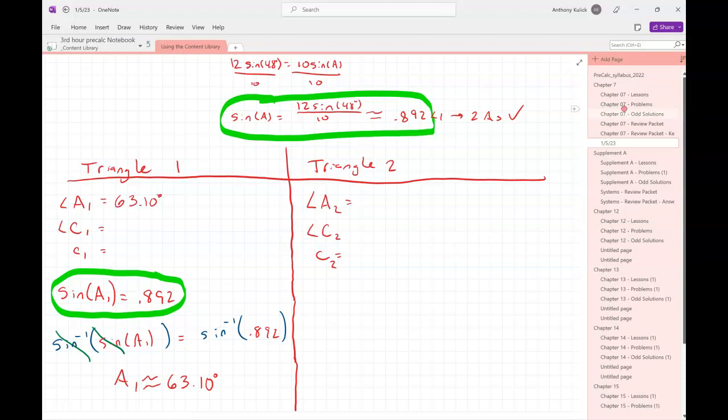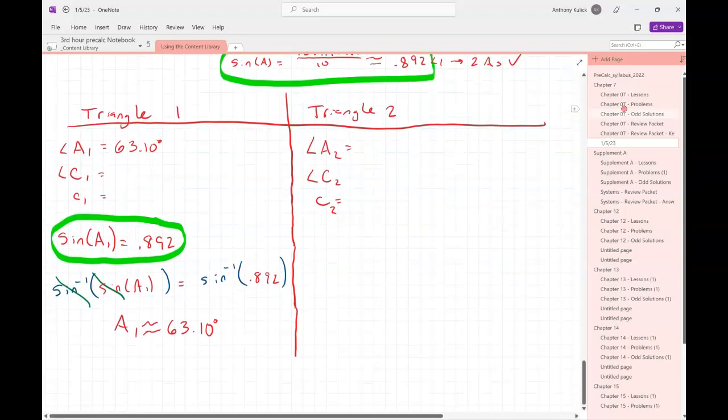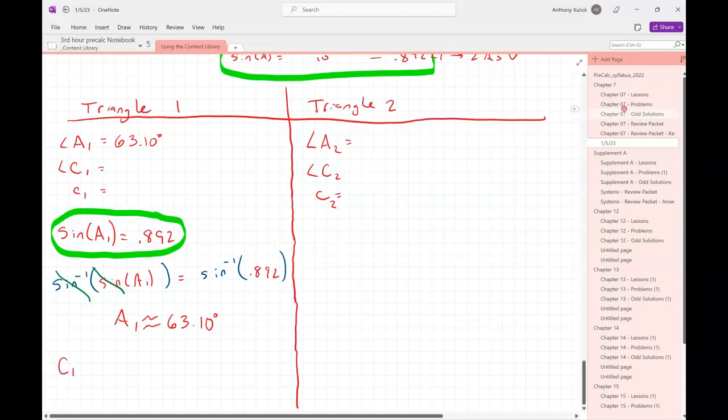Now, what can I do? Well, I can solve for C1 now really easily, can't I? Because I know two of the three angles.